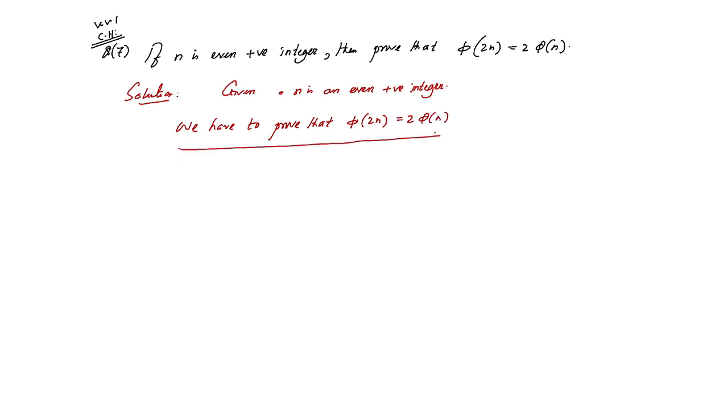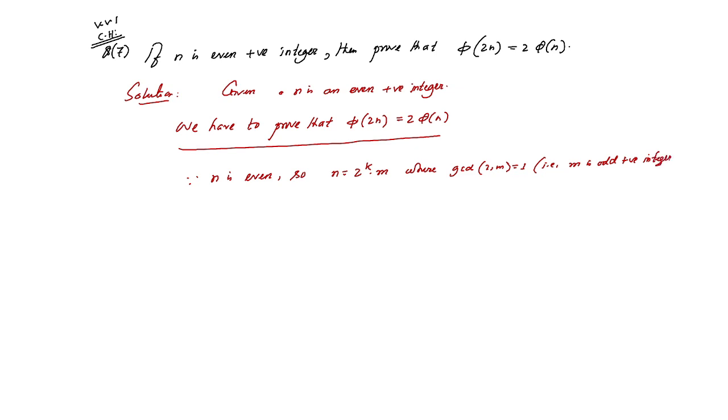Since n is even, we can write n equals 2 to the power k into some other integer, say m, where GCD of 2 and m is 1. Where GCD of 2 and m equals 1, that is, we can say m is an odd positive integer.